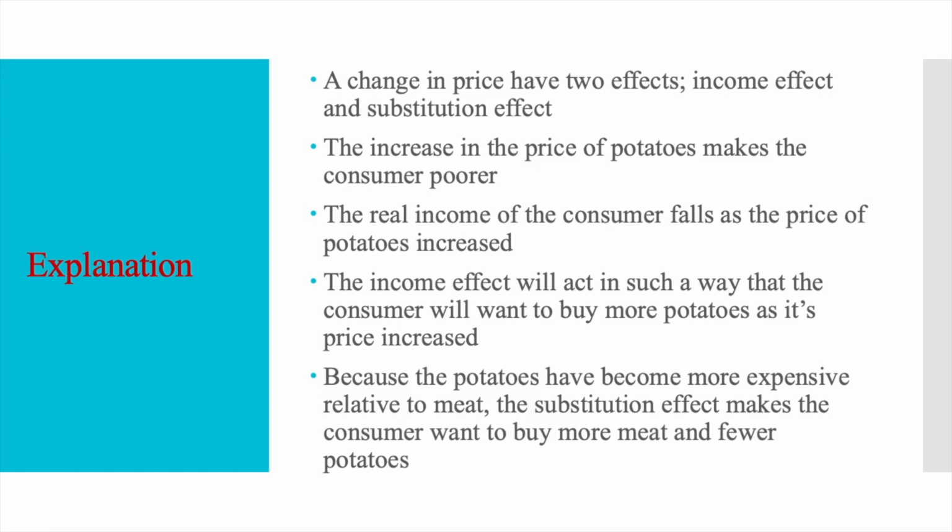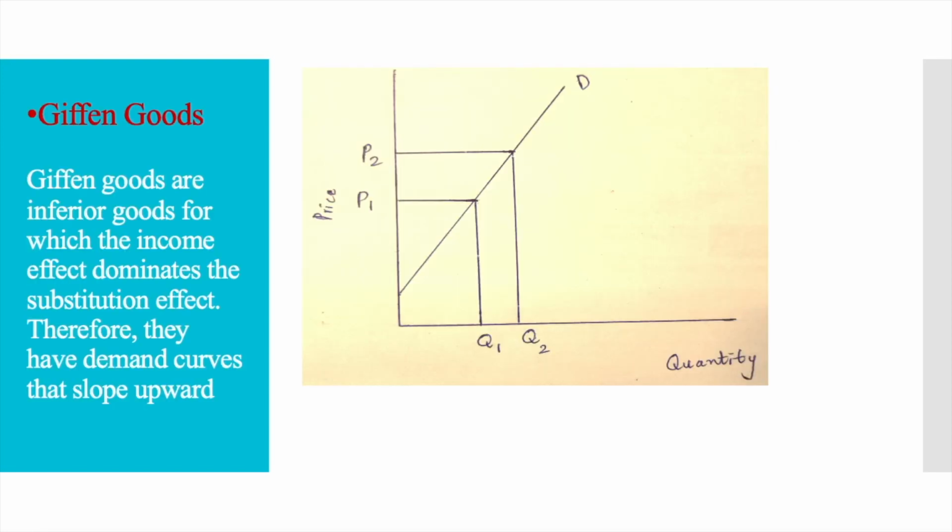If the income effect is much larger than the substitution effect, as it is in this example, the consumer responds to the higher price of potatoes by buying less meat and more potatoes. In this example, potatoes are a Giffen good.